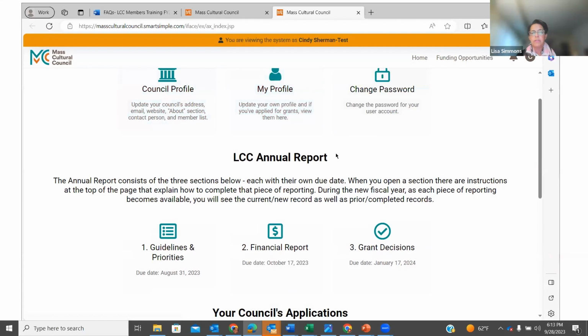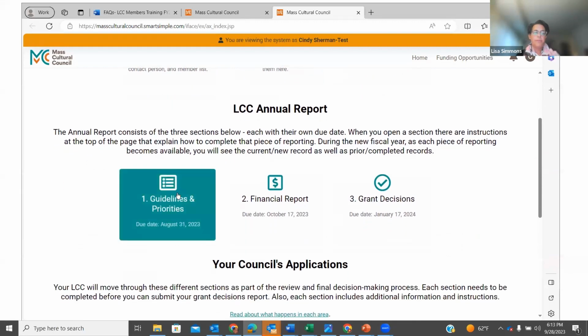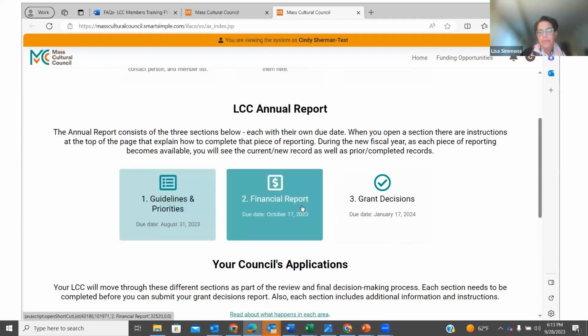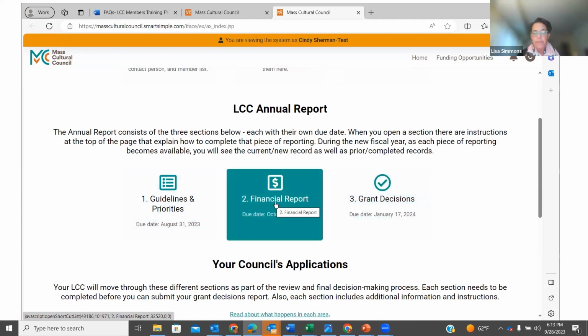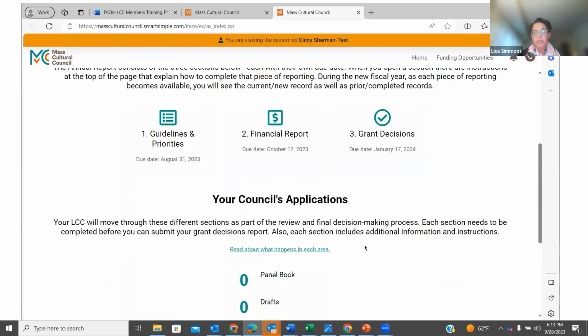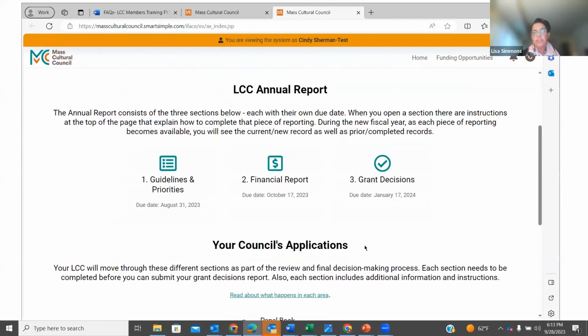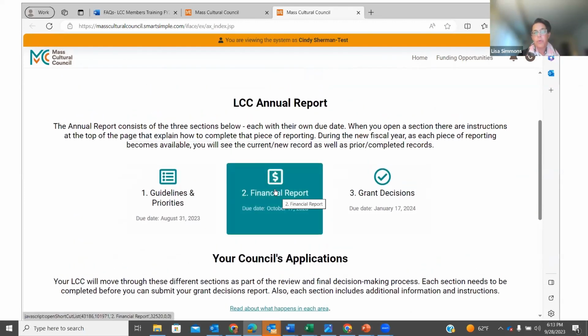You've done all of this. You've done your password. You've filled out your priorities and your guidelines that needed to be done by September 1st. And then your annual report has these last two things that you need to do. Right now, we're focusing on the financial report. In addition, you can also see your council applications, but today we're focusing on the financial report.